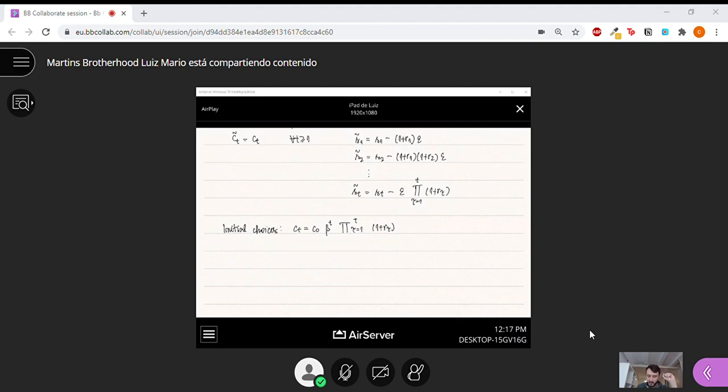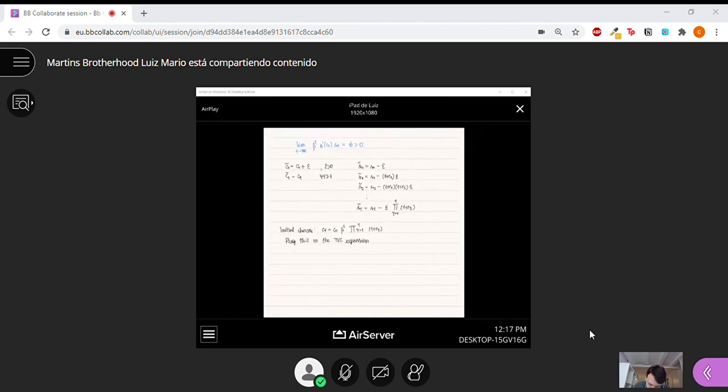It's just using the Euler equation recursively, and then we can write C for any time period as a function of only C0, and then a function of also the variables that the consumer takes as given. Okay, and then we can plug this in the TVC expression, right? So we can put it here, right?